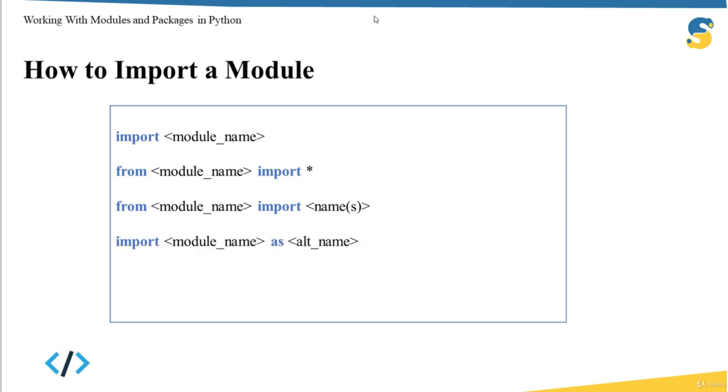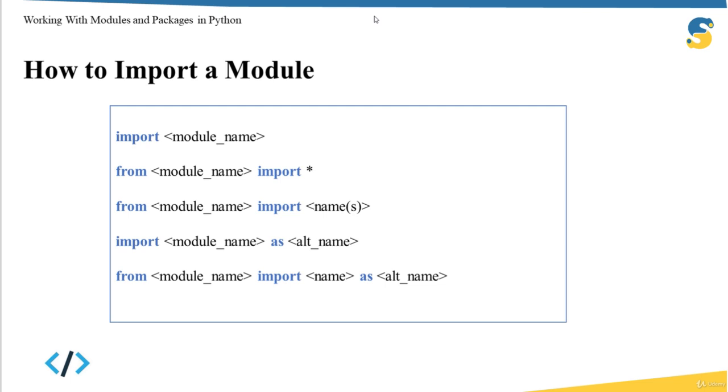And we can import a module and give it an alias name. Also, we can import a specific name from a module and give it an alias name. Usually we use alias names because sometimes two modules or two functions could have exactly the same names. So we give an alias name to discriminate between these two modules or these two functions.